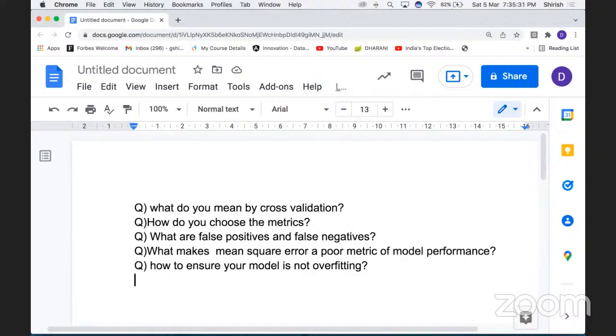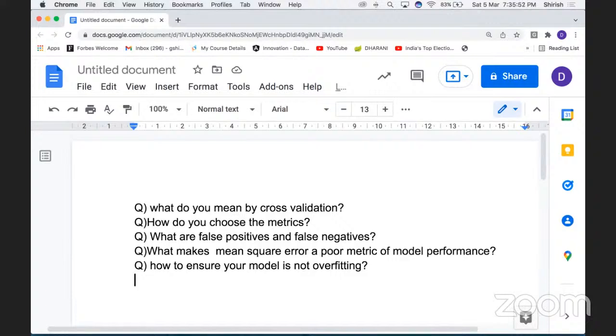So, as we have discussed, cross-validation methods like k-fold can be used to curb this problem of overfitting, right? And the most famous is our regularization method. It can be used to penalize the parameters that might be causing overfitting.